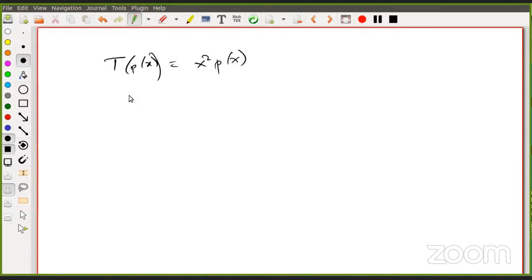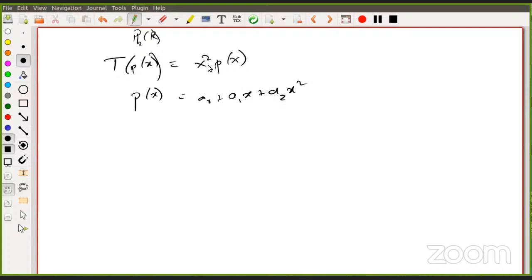Let's say the vector space on which this linear map is operating is P2(R), which means it has all the polynomials of degree at most 2. The general polynomial in that vector space would be of the form a0 plus a1x plus a2x squared.